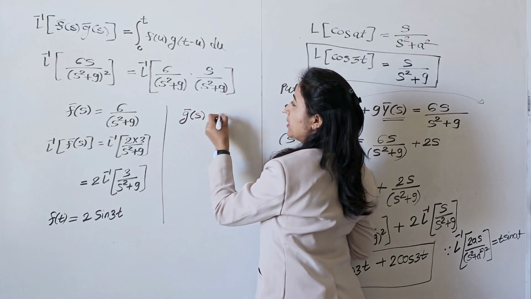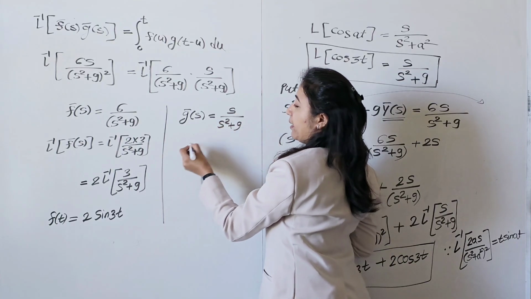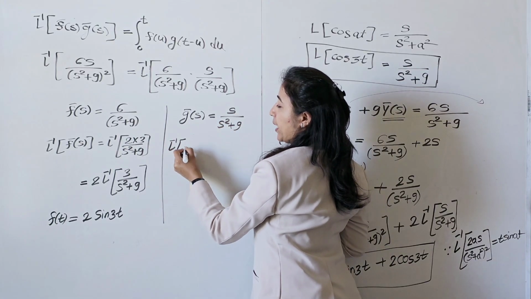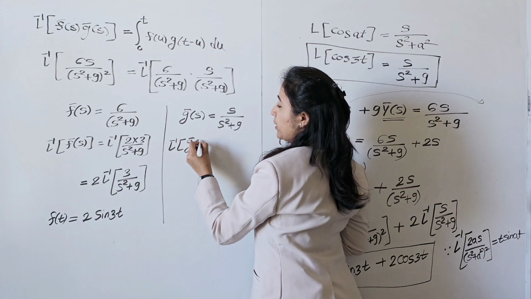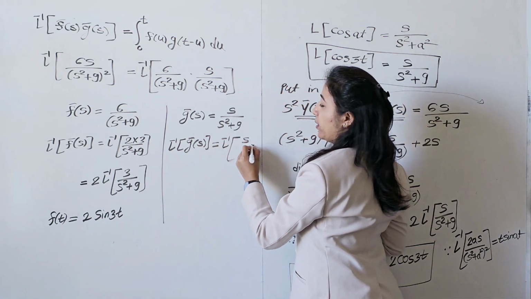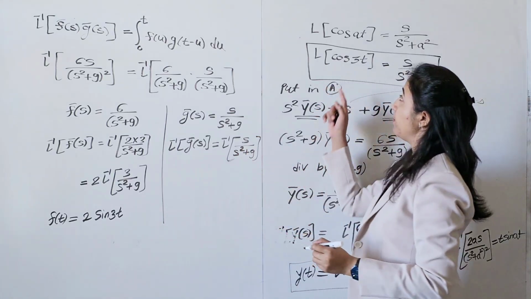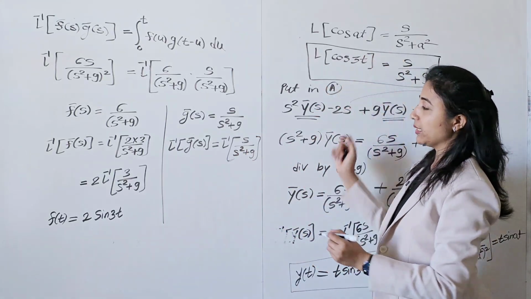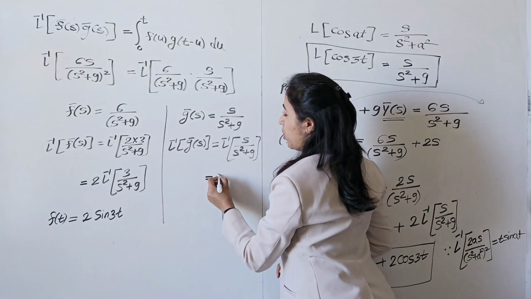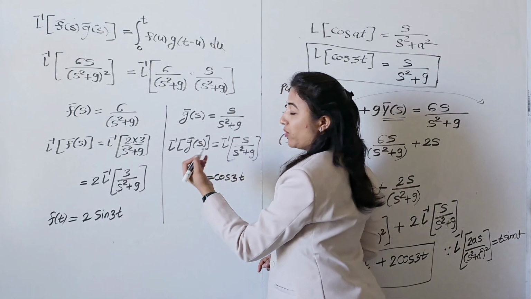G bar of s is s upon s square plus 9, and if we apply the Laplace inverse on both sides, you will get the Laplace inverse of s upon s square plus 9, and this is again a standard formula. The Laplace inverse is cos 3t. So this is cos 3t, and the left side is the Laplace inverse of function g.